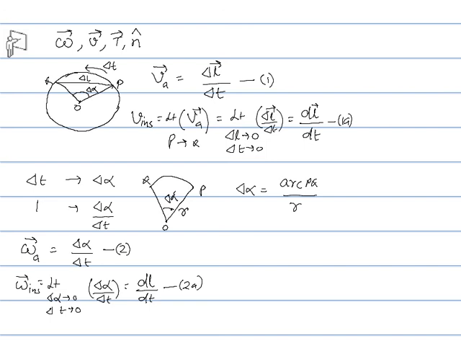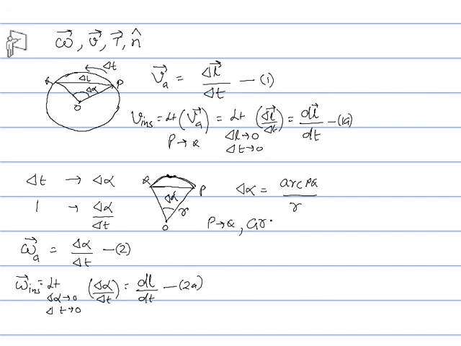Now if P tends to Q, delta alpha tends to 0, and at that point there will not be any difference between arc PQ and chord PQ. These two become the same when P and Q are very close points, so it becomes a straight line.